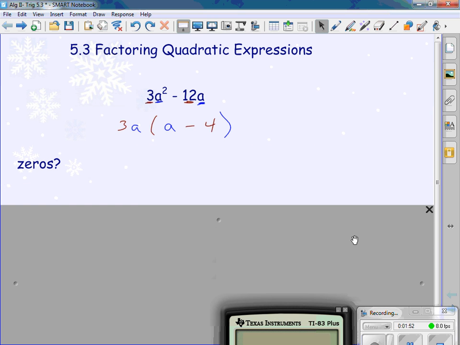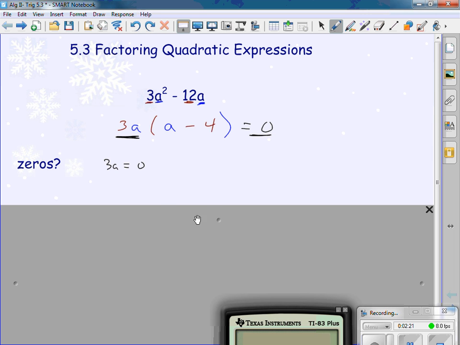What I'm talking about when I'm saying zeros: if I change this expression into an equation and make it equal to 0, we want to find out what values for a will give me 0. So I'm going to take this piece here, 3a equals 0.